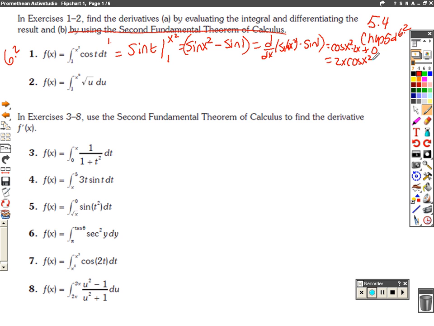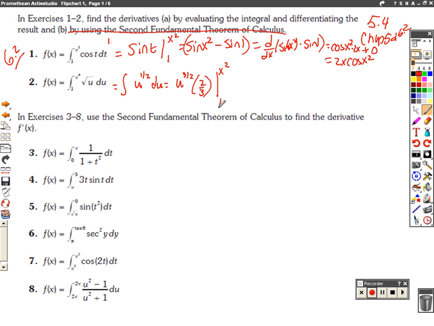All right, number 2, we're going to do the same thing. Once again, I'm only doing this now because it practices your 6.2 rules. So basically, we want to integrate u to the 1/2 du, which would be u to the 3/2 divided by 3/2, which is times 2/3. Now we want to go ahead and plug in our x squared, I believe it is on top, and then 1.